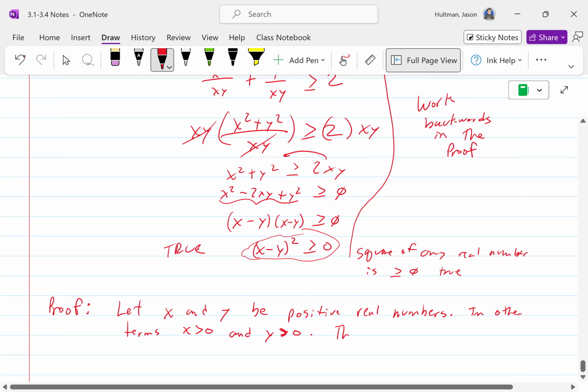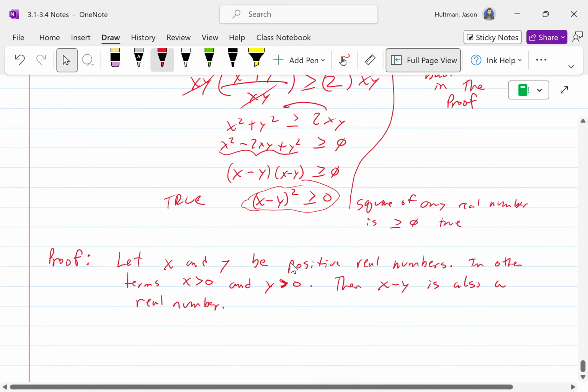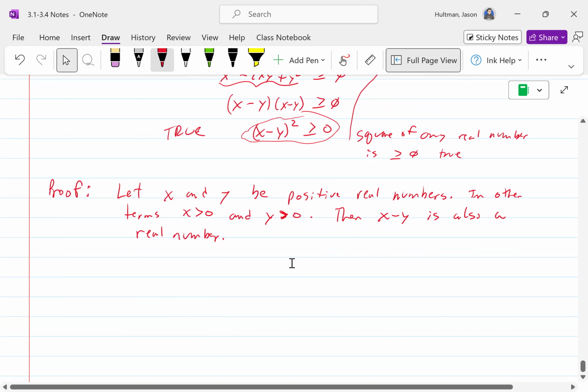Then x minus y is also a real number. It could be positive, it could be negative, we don't know, but it's all good.